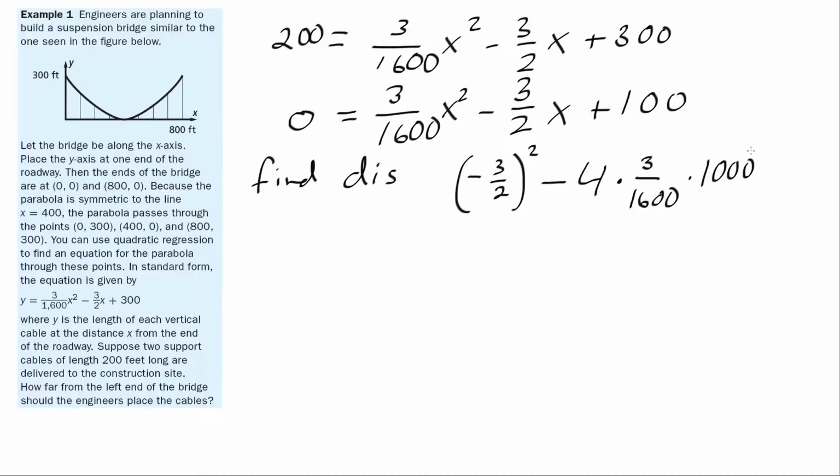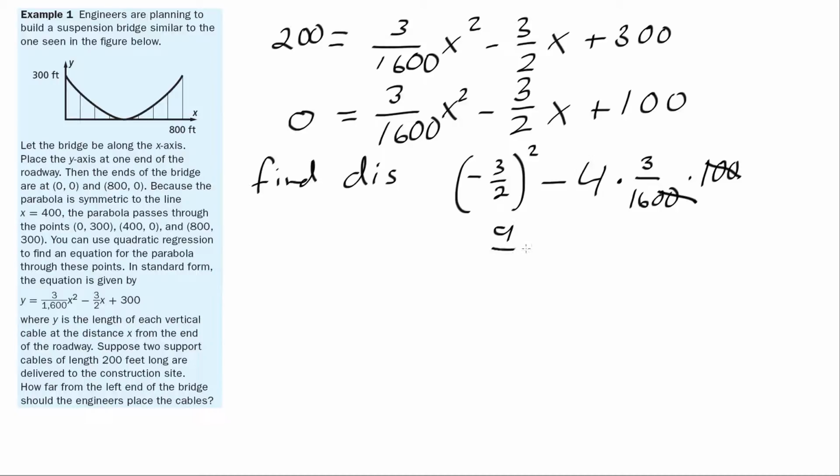Oops, one too many zero there. And I can get rid of a couple of zeros because these zeros will cancel out, right? Because 100 will go into 1600 16 times and goes into 100 one time. So these will cancel out and I'm left with 3/16.